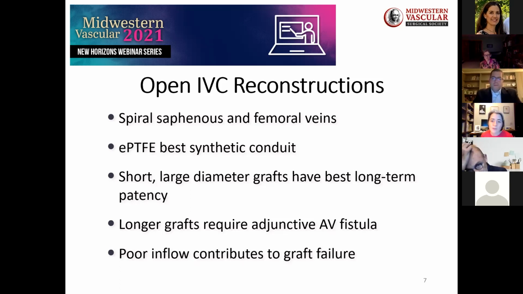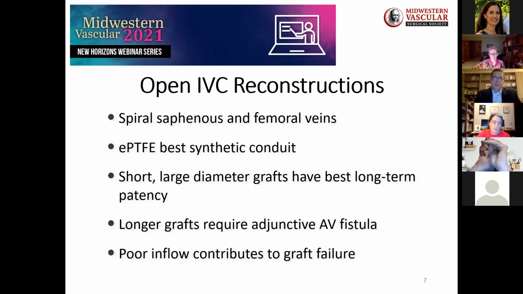We try to preserve as many of the graft rings as possible, even in the region of the beveled anastomosis. In longer grafts, ones that extend to the external iliac vein, we will often perform an adjunctive AV fistula. Early thrombosis of these large diameter iliac or caval grafts is uncommon. Failure occurs if there is purse stringing of the suture line, redundancy of the graft, or inadequate inflow.